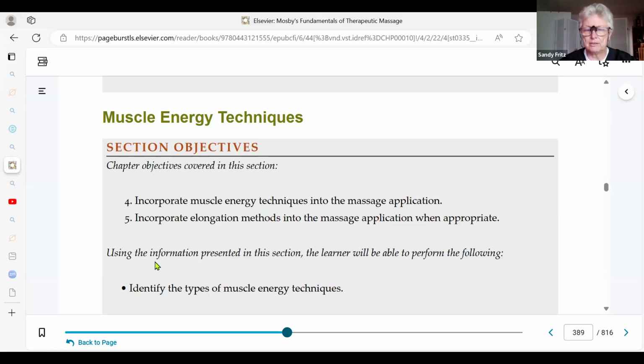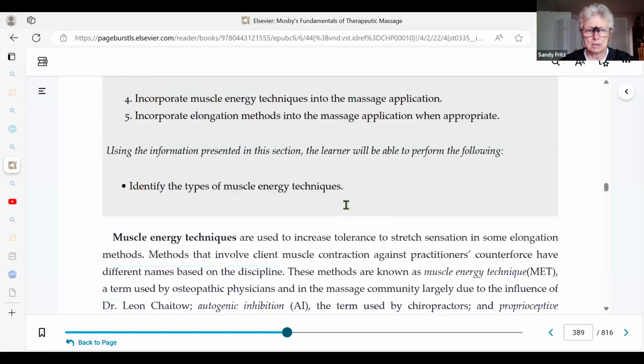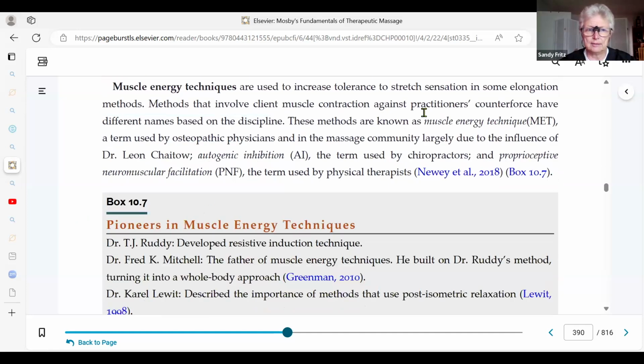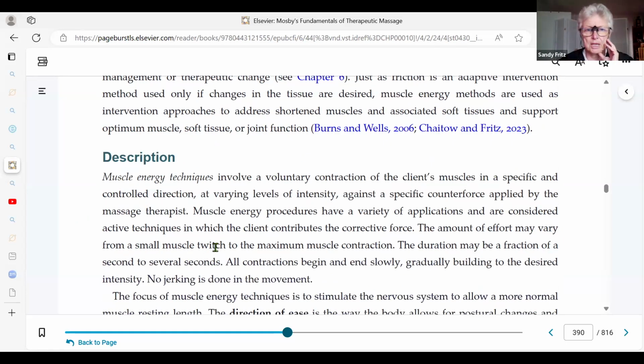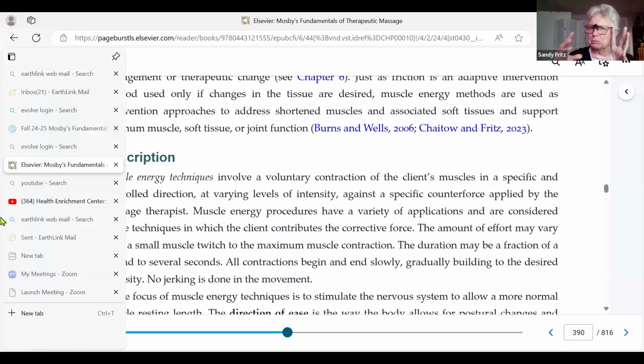So this is always an intervention. And there's different kinds, and here's the history on this. But what it involves is a voluntary contraction of the client's muscles in a specific direction against a force provided by the massage therapist or other manual therapist. And it works through the nervous system.